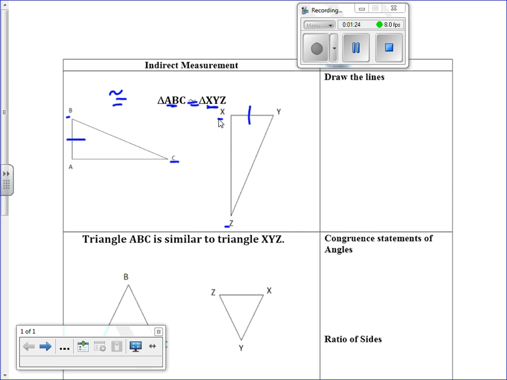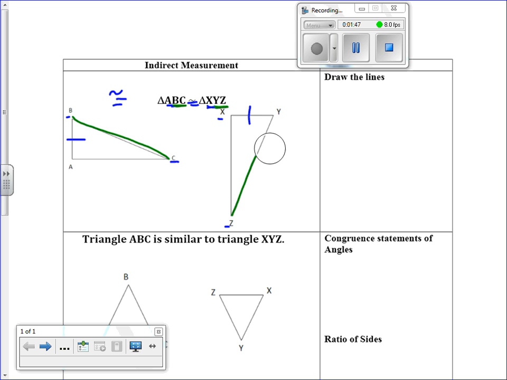The next line I need to look at is BC, and there's YZ. See how the order that they go in actually really does matter.